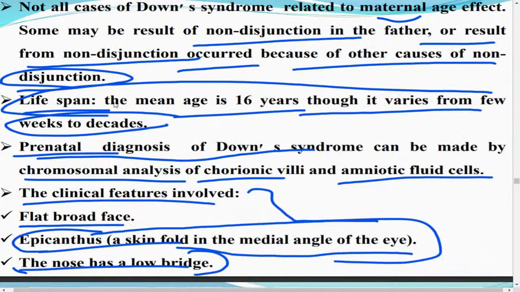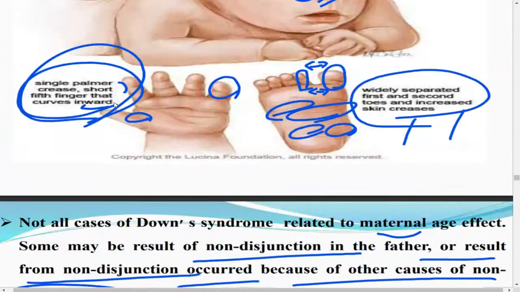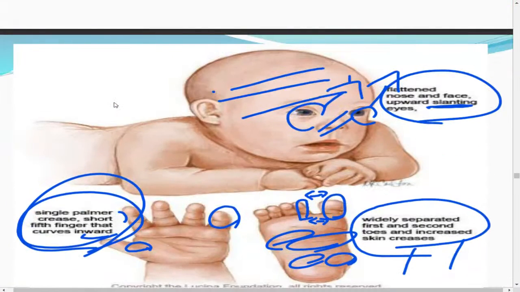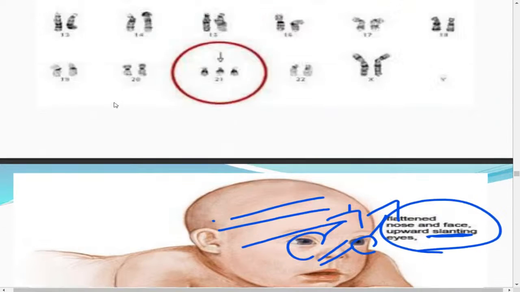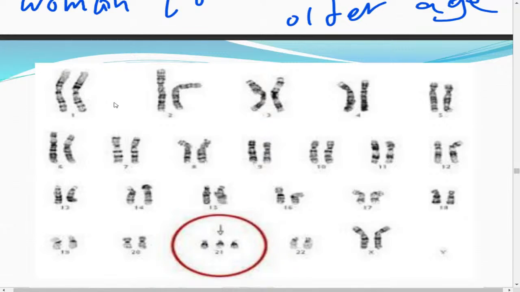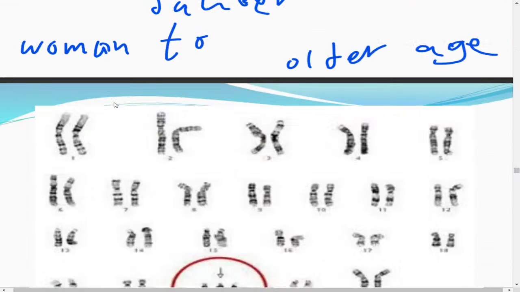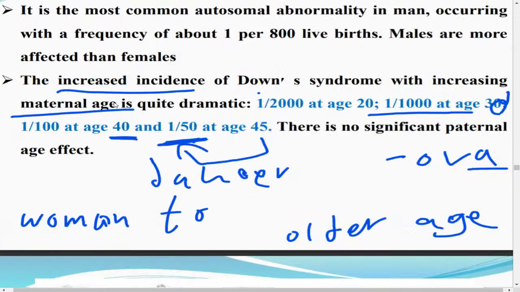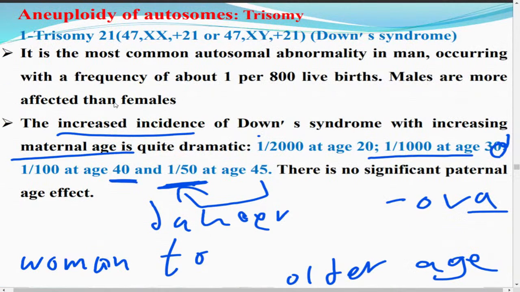Effects on mediators of hormone function. This is the picture showing the Down syndrome children. And this is autosome 21, or the trisomy 21, 47 chromosomes with an additional chromosome at number 21.